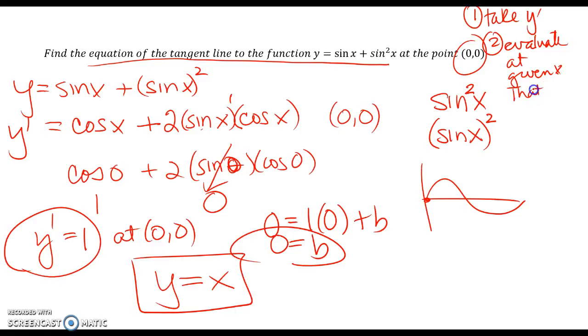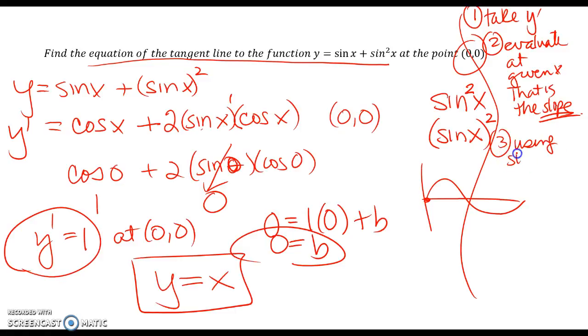That is the slope, isn't it, of the tangent line at that point. And three, using the slope and point given, find the equation of the line.